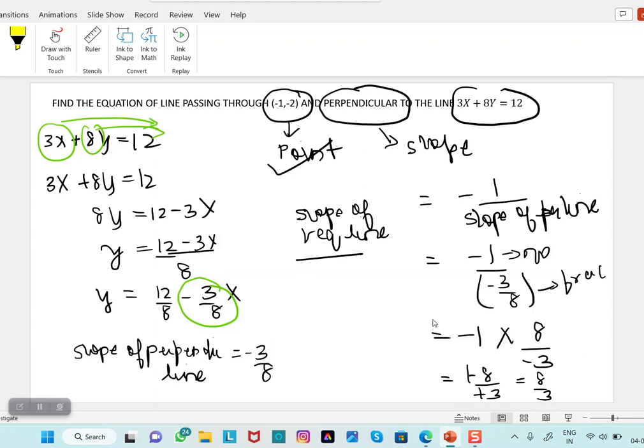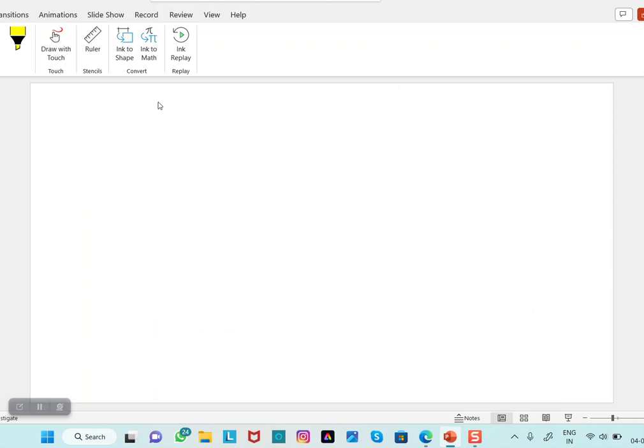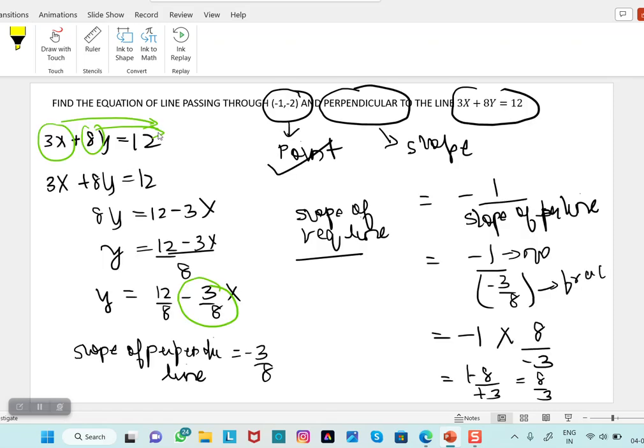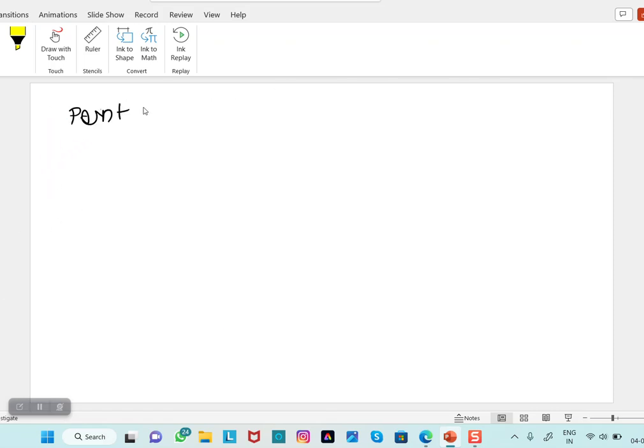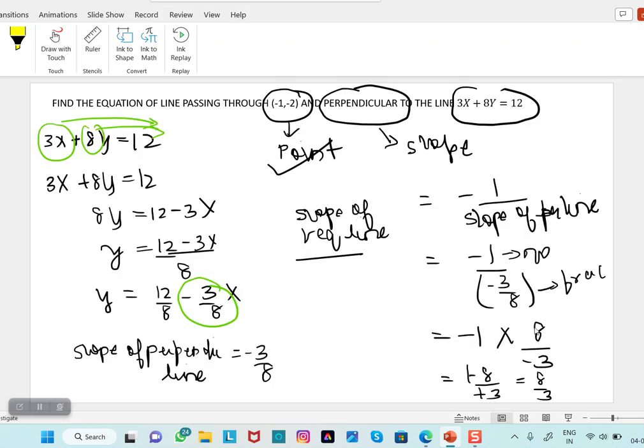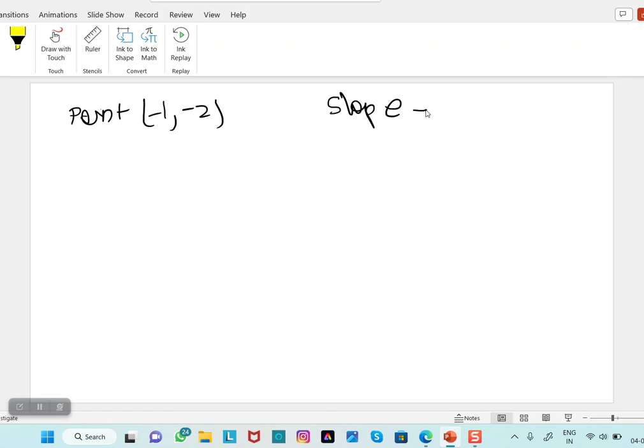So now we have found the point which was earlier given to us as 1, minus 2, and the slope we have found it as over here as 8 upon 3. So now we have found the point and we have also found the slope.